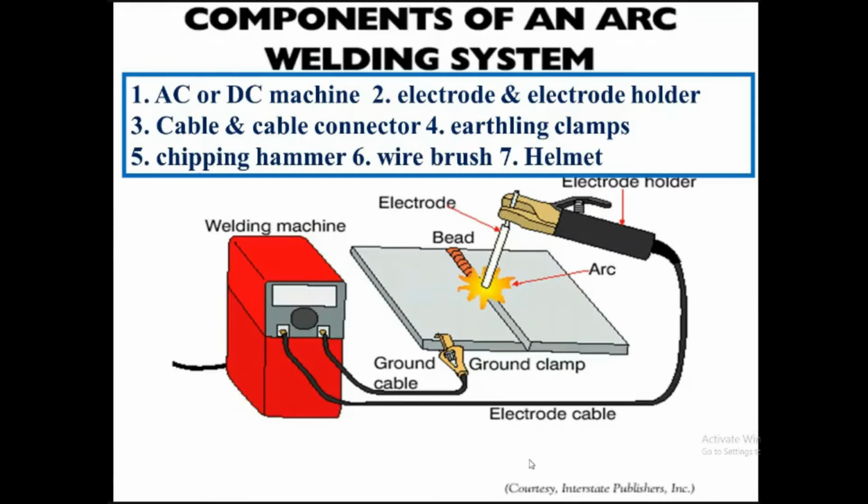Now, components of an arc welding system. आपण कुठले कुठले कंपोनेंट जनरली यूज करतो. फर्स्ट आहे तुमचं AC और DC मशीन्स. आता जो तुमचा DC असतो, DC मध्ये आपण जनरली बऱ्याच वेळा इन्व्हर्टर यूज करतात. तर इन्व्हर्ट करून तो बऱ्याच वेळा DC जो असेल तो AC मध्ये कन्वर्ट करून देतो. सेकंड, इलेक्ट्रोड अँड इलेक्ट्रोड होल्डर्स. थर्ड, केबल अँड केबल कनेक्शन किंवा केबल कनेक्टर. फोर्थ, अर्थिंग क्लॅम्प. फिफ्थ, चिपिंग हॅमर. सिक्स, wire brush.